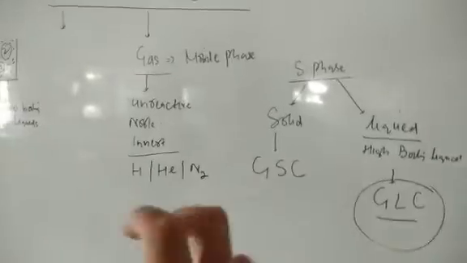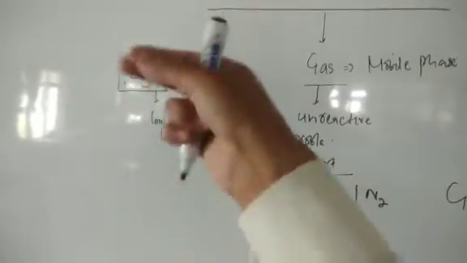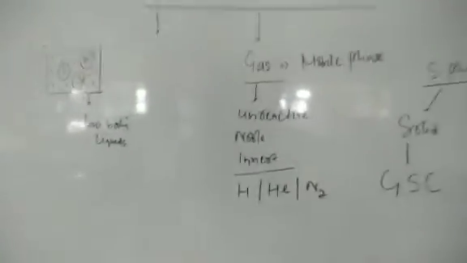Fine. Now, so this is the basics about the stationary and mobile phase, and is valid for those separations where the components have low boiling and they can be easily vaporized.